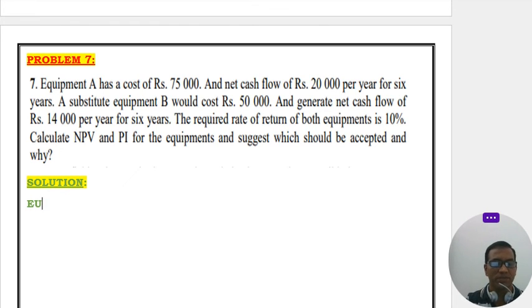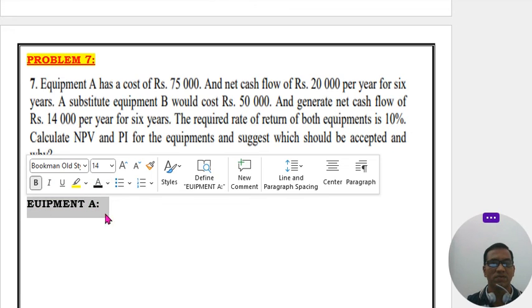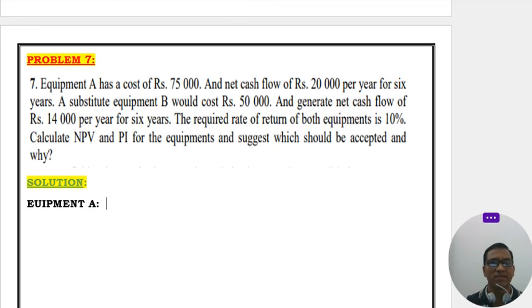First of all, equipment A calculation. Equipment A, start the calculation. NPV, total PV of CFAT minus cash outflow. What is the cost of the project? Cost of the project is given. How much? 75,000.